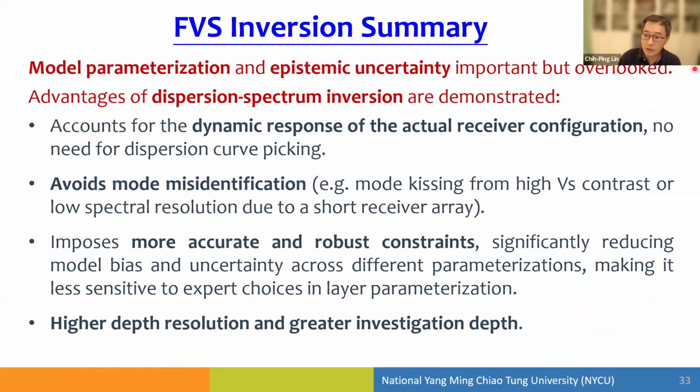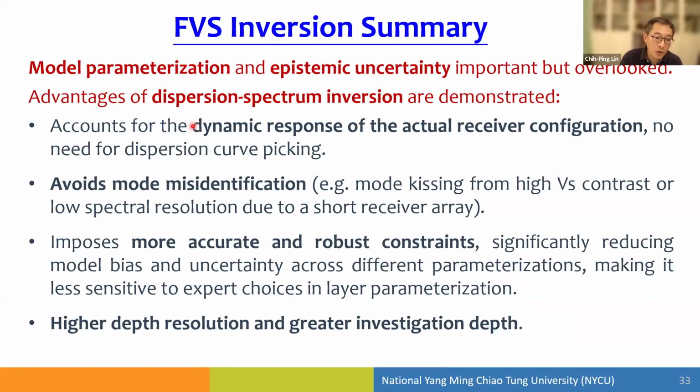But before that, I would like to have a section summary. In the FE inversion, we emphasize model parameterization and epistemic uncertainty, the model uncertainty related to different model parameterization. These are important aspects that are often overlooked.